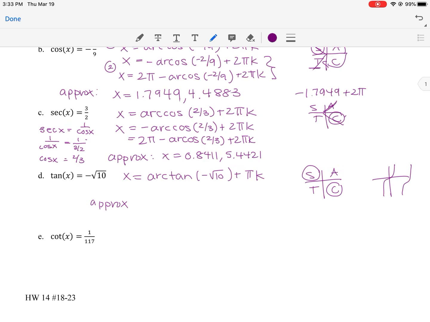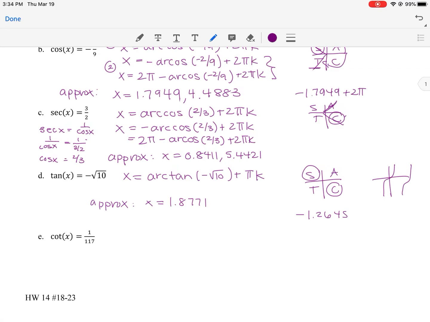So as we approximate, we're going to do x equals, we type in arc tangent of negative square root of 10 on our calculator, and we get... I actually lied to you. I think when you type in your calculator, you get negative 1.2645.